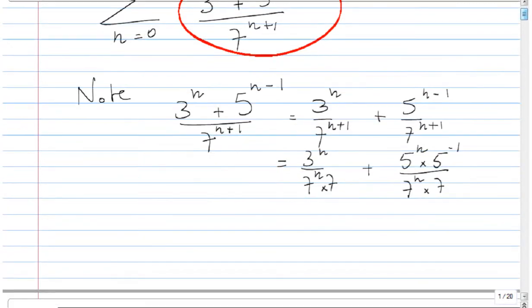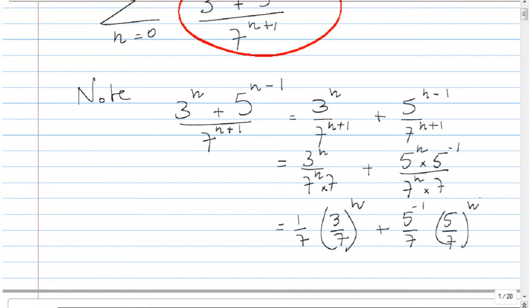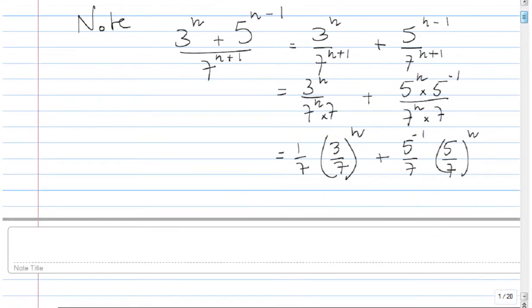So this will give me 1 over 7, and then 3 to the power n over 7 to the power n, that is (3 over 7) to the power n, plus 5 to the power minus 1 over 7 times (5 over 7) to the power n. And as you can see here, you have two geometric sequences. So we do have two geometric series.